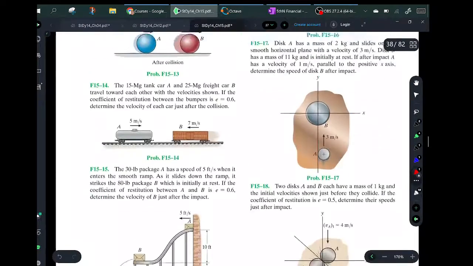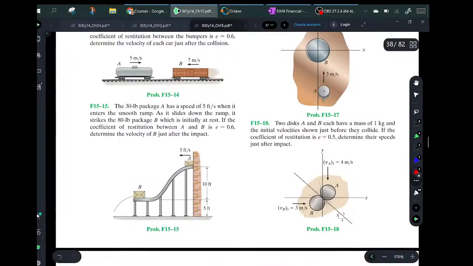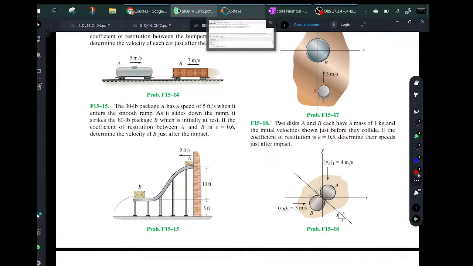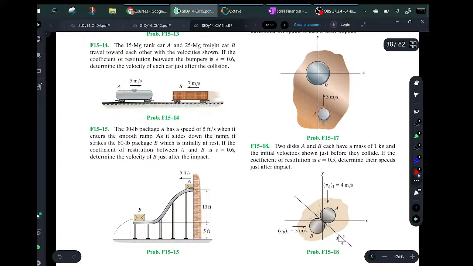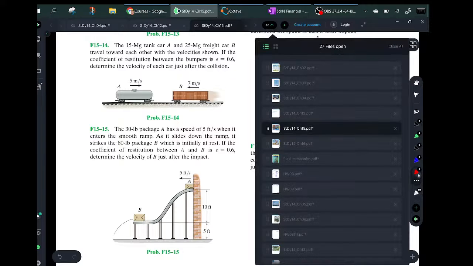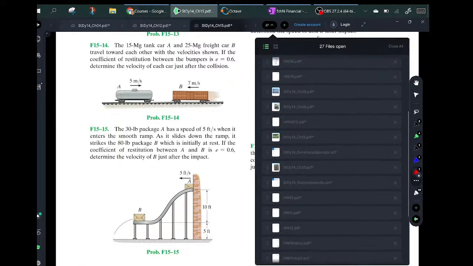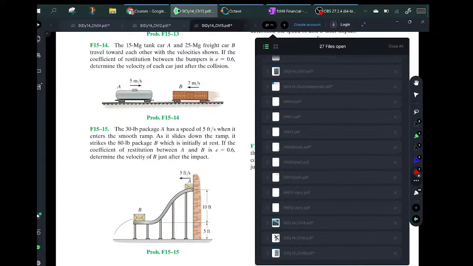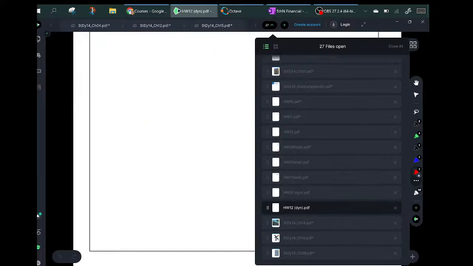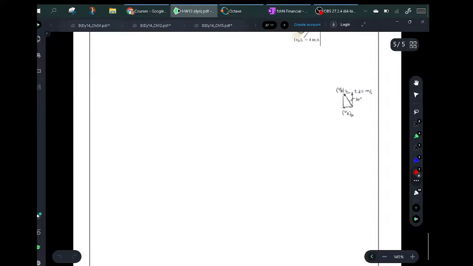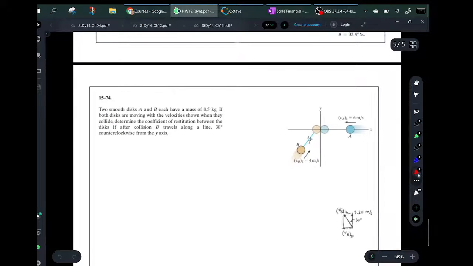So let's solve this problem that I've given you here. Over on, oh, wait, it's right here. So I'm going to be working this thing backwards in a way. Okay. I'm going to take homework 12.